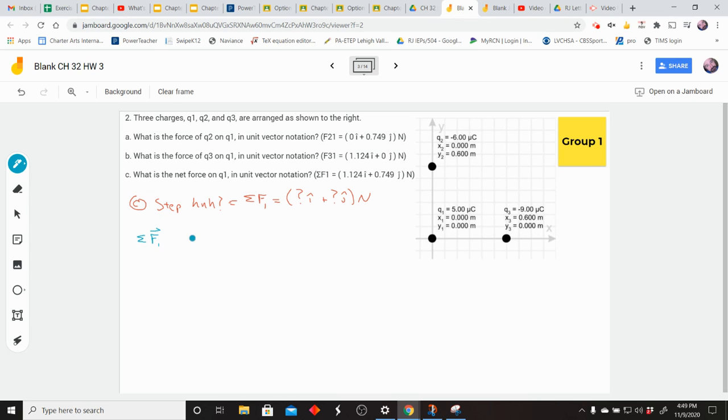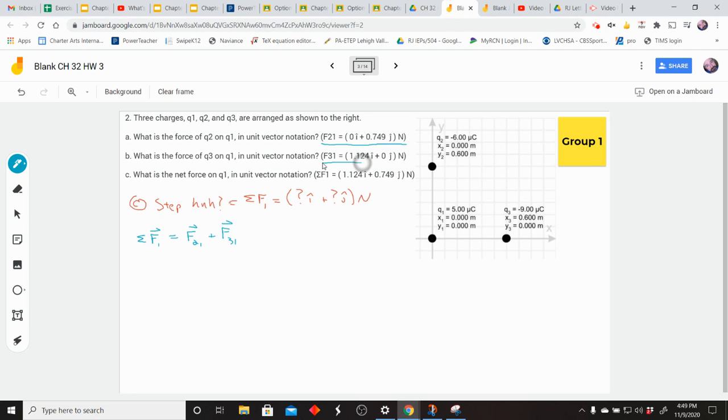Sum of the force on 1 is going to be equal to the force of 2 on 1, so our answer for part A, with a hat, plus the force of 3 on 1, also with a hat. So now to add these guys up, remember F sub 2 on 1 in unit vector notation is this.